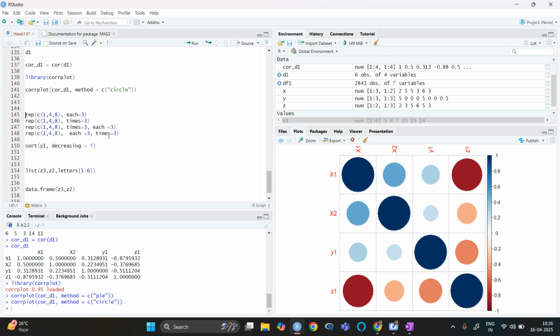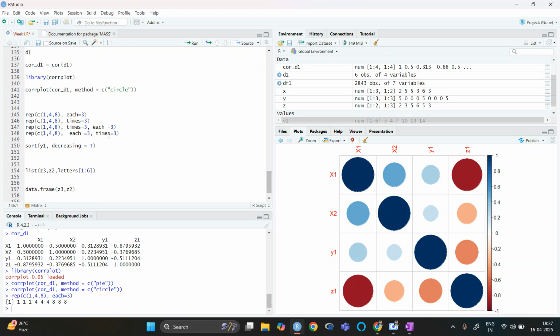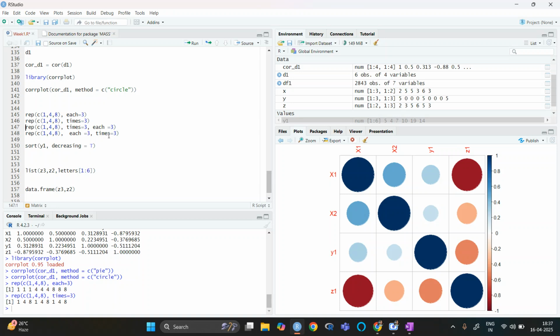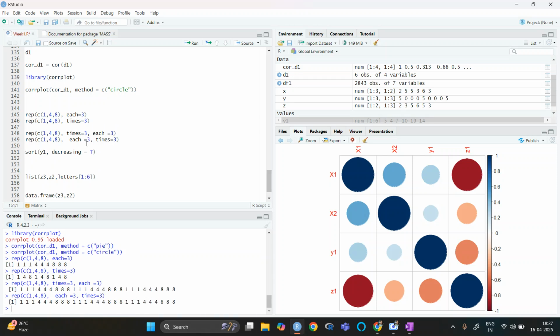Then you have the repeat function. When you try to define your data, and you want to do indexing or something like that, or if you want to do something where you need to repeat, rather than writing it out, you can just use the repeat function. What is important is that if you give each, it will do each.